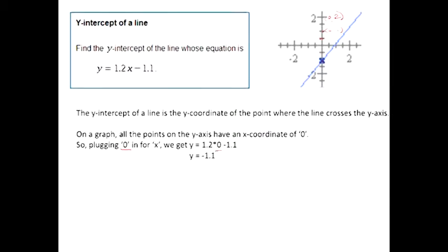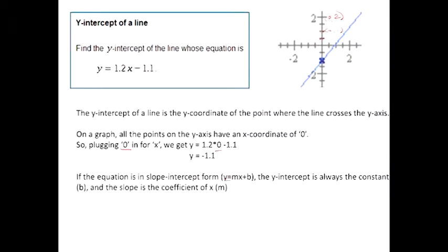Now the cool thing is that this graph is of the form y equals mx plus b. That's called slope-intercept form, and that means that the y is by itself on the left side of the equal sign, and then a number in front of x, and then a constant.